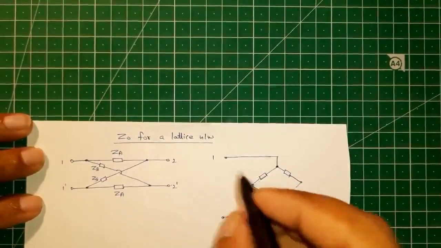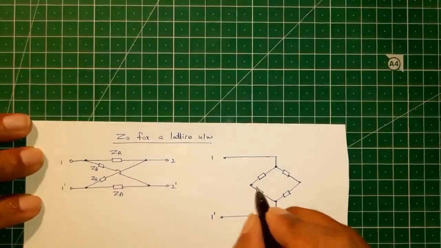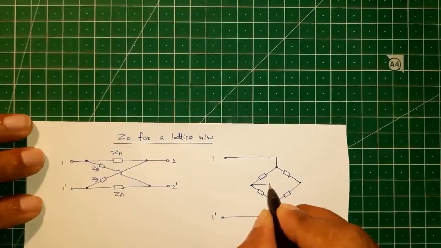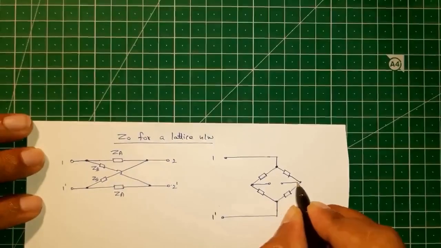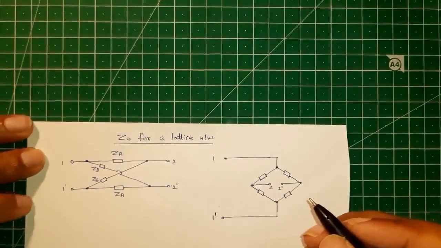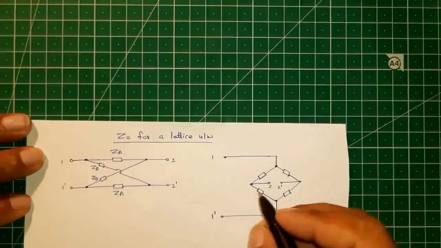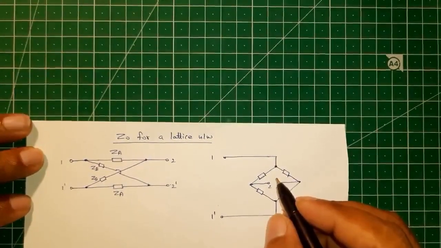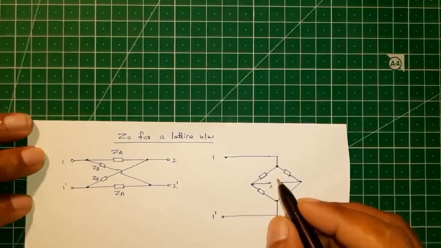Now this will be our input terminal and this will be our output terminal, 2 dash. Now let's try to identify the branch impedances.